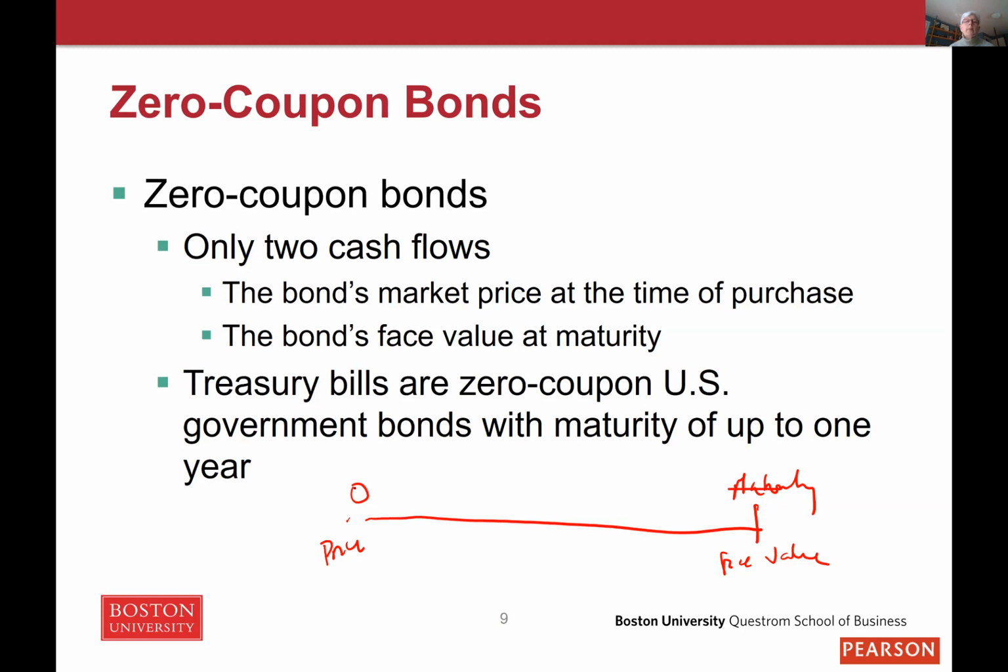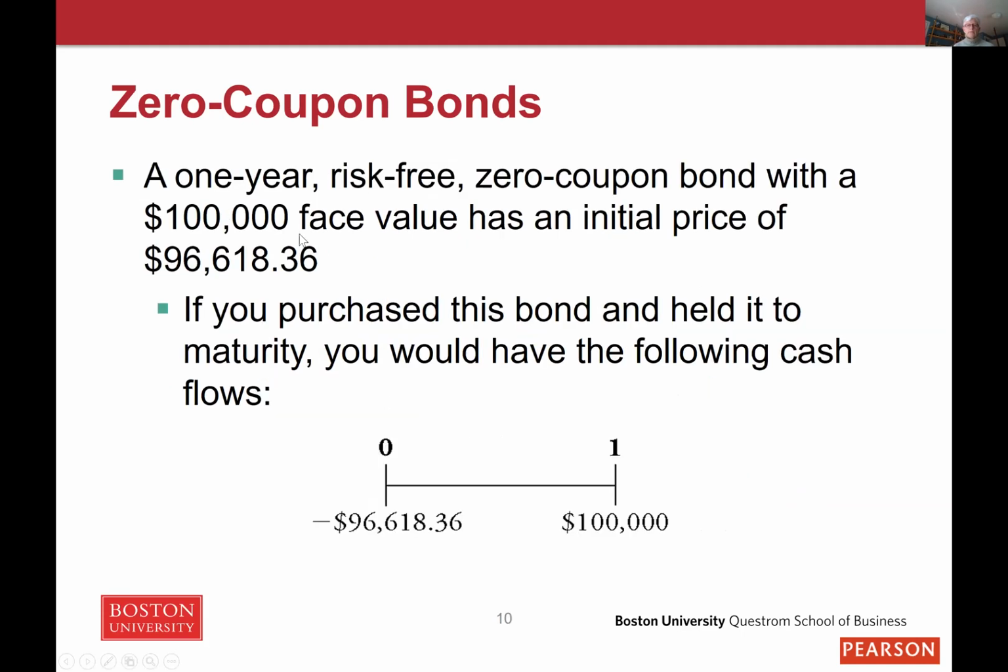And generally what the market does is they look at US government bonds to figure out what the default-free yield is. So for zero coupon bonds, they would use treasury bills, which are zero coupon US government bonds with a maturity up to a year.